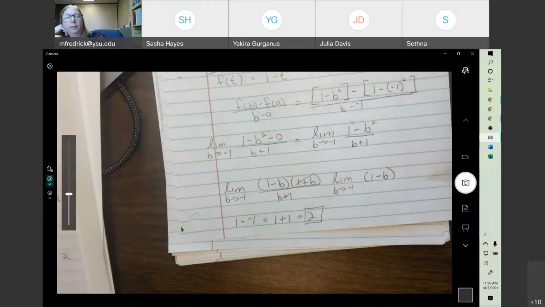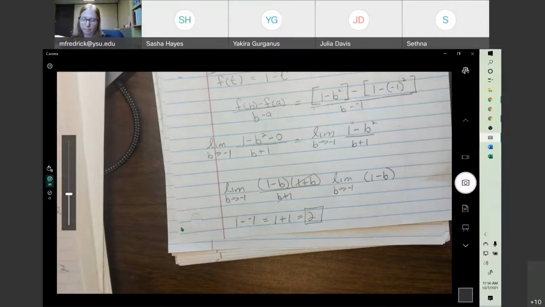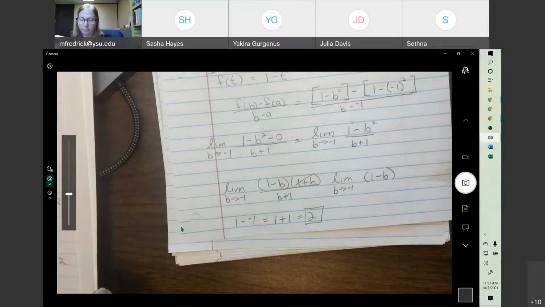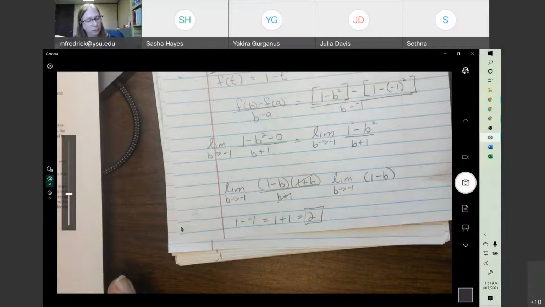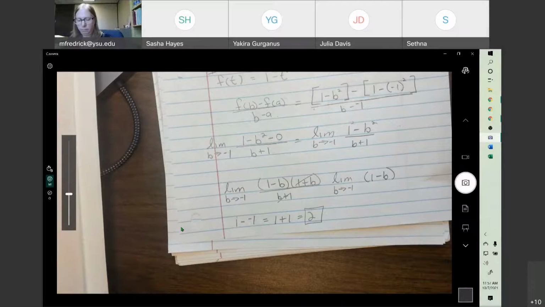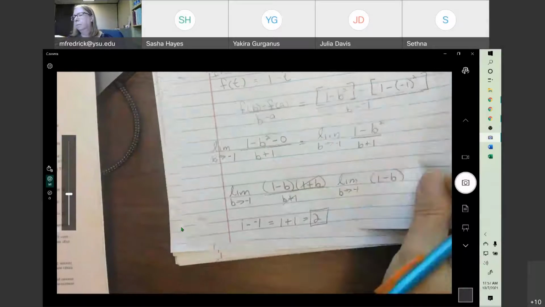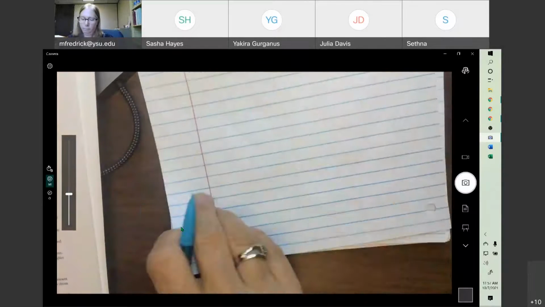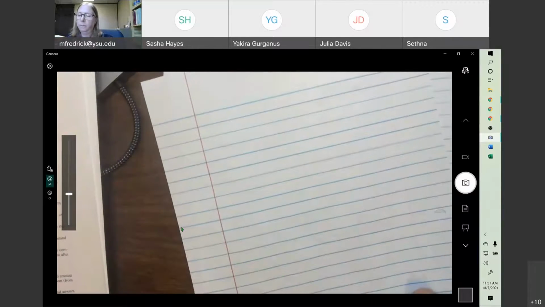We'll learn another process in the next section. But is there any questions on doing it that way? Let's try one from the book.